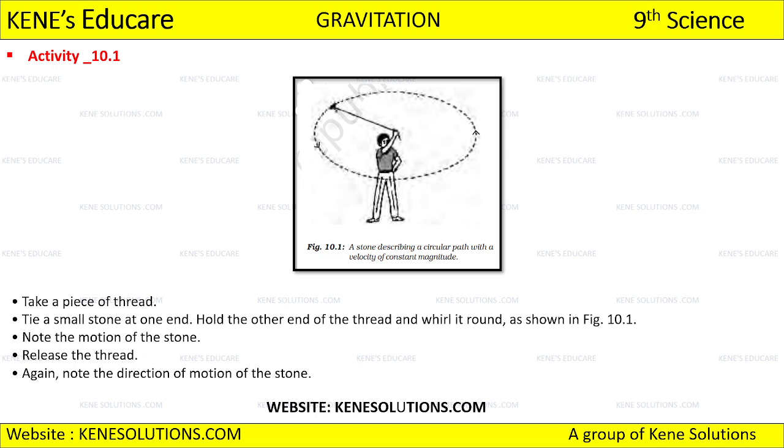Figure 10.1 shows a stone describing a circular path with a velocity of constant magnitude. What has happened to the stone? The stone is moving in a circular path with a velocity of constant magnitude.